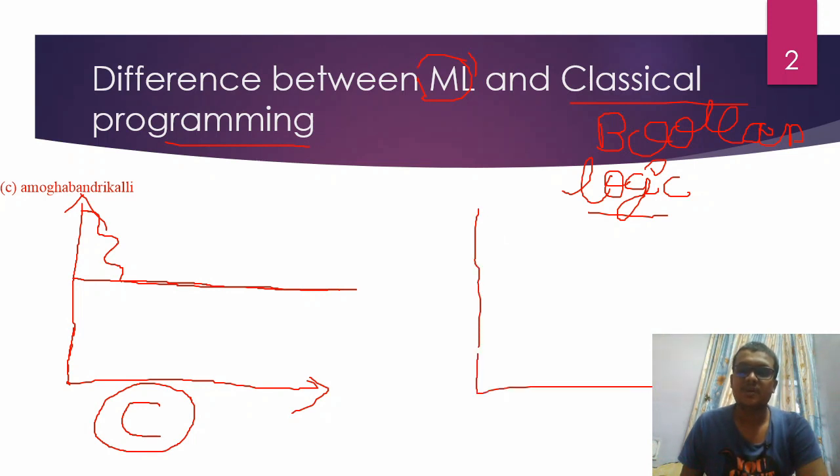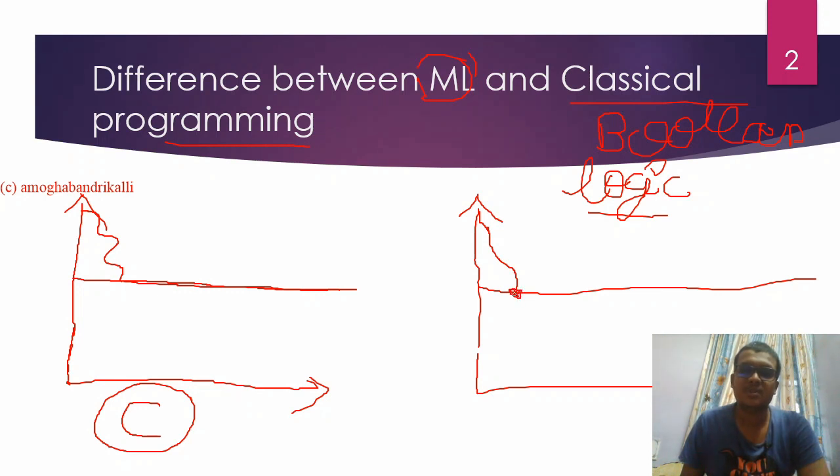Next, coming to machine learning programming. In the same manner, the same problem and the same optimum solution will be provided. The machine learning will start analyzing the statistics instead of logic. So it will come to an optimum solution.